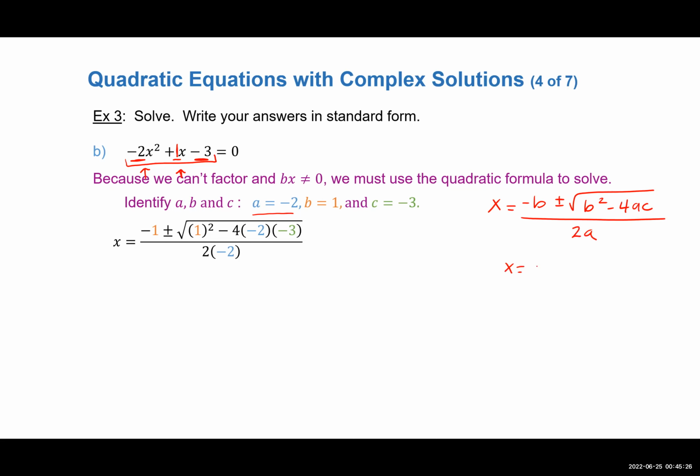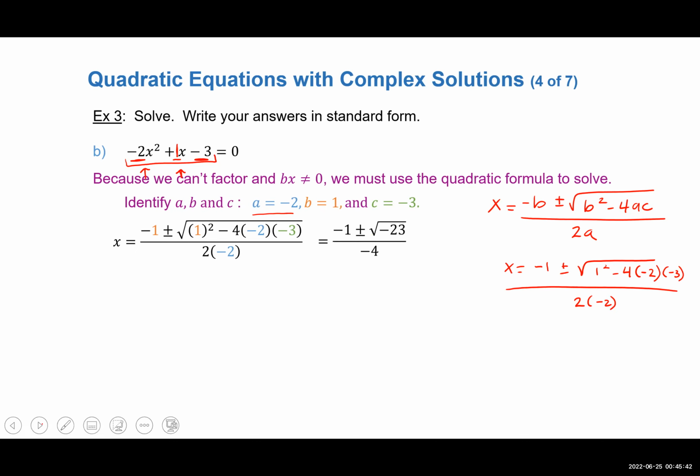So x equals -1 plus or minus the square root of 1 squared minus 4 times -2 times -3 all over 2 times -2. When we simplify this, we get -1 plus or minus the square root of 23 all over -4.